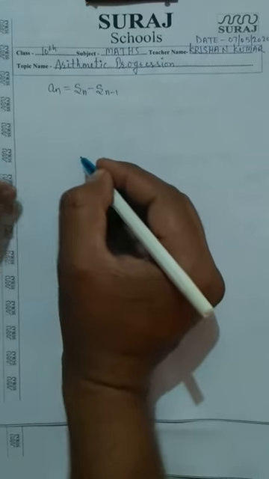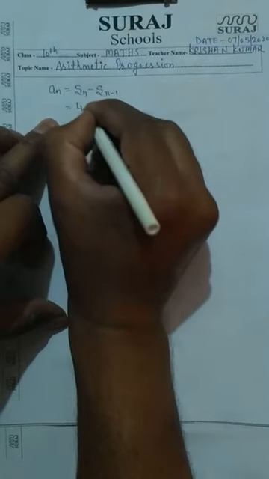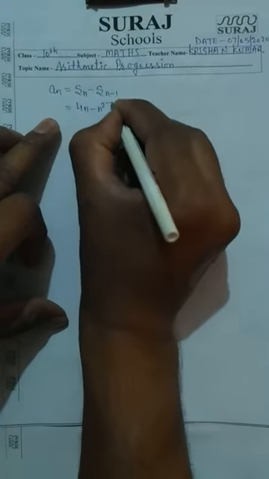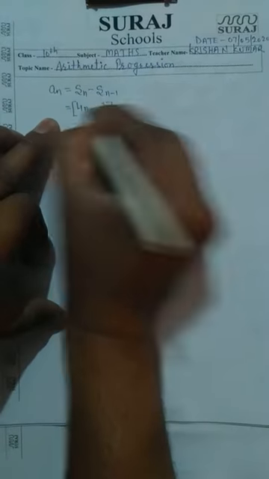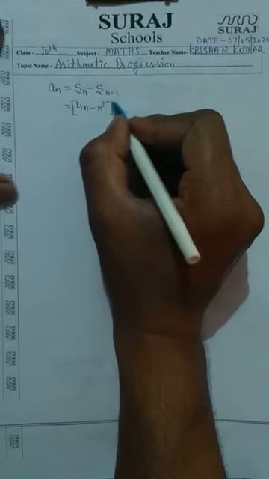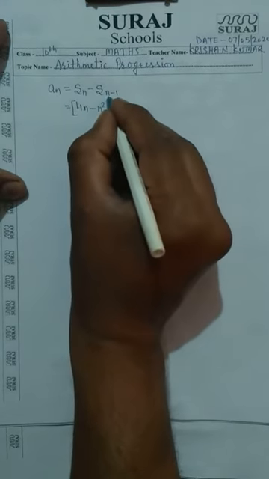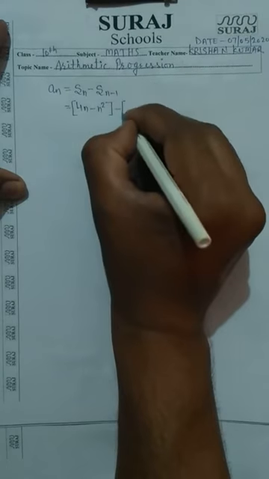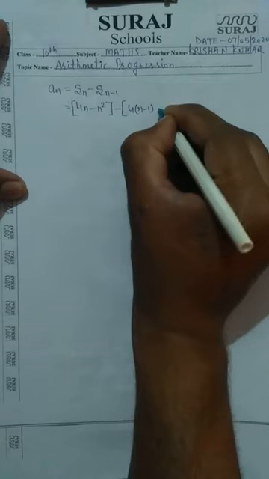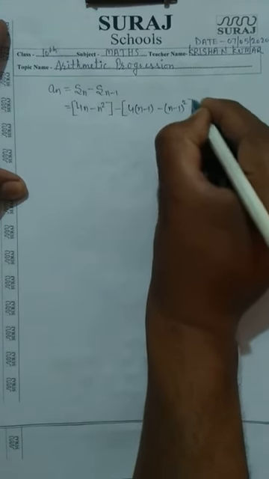So what is Sn? Sn is already given. Sn is 4n minus n square. And what we need here is the sum of n minus 1 terms. So replace n in terms of n minus 1: big bracket start, 4 into n minus 1, minus n minus 1 whole square.